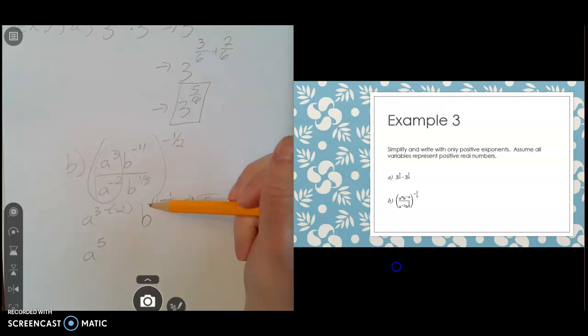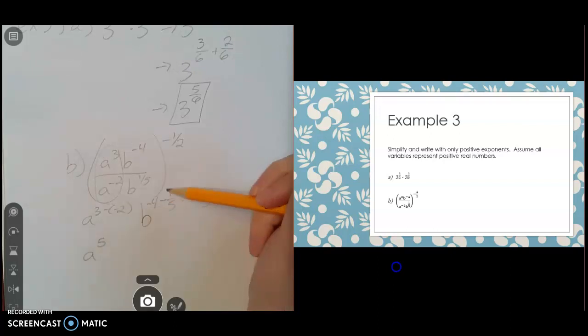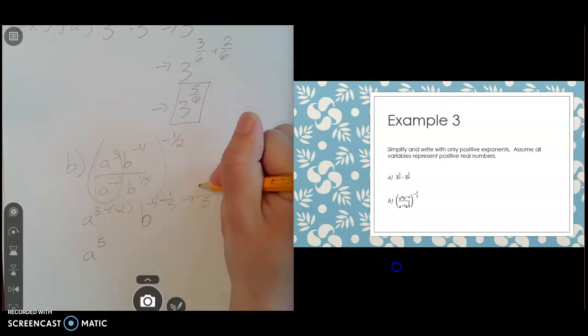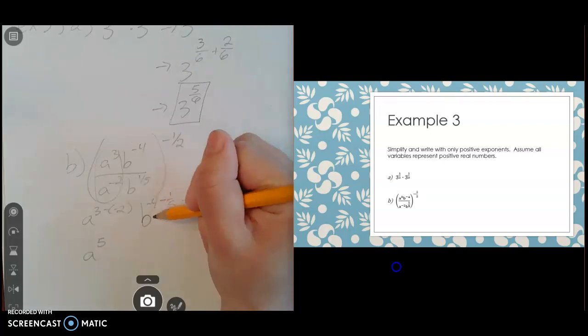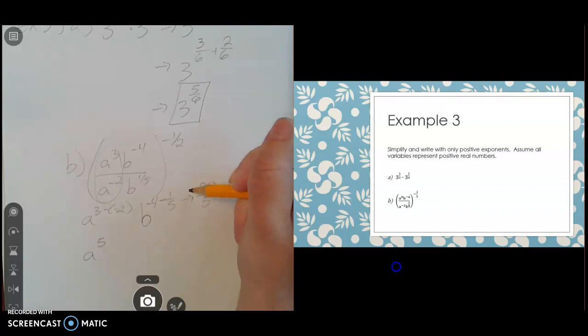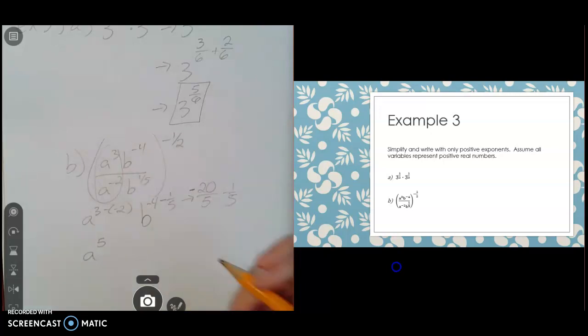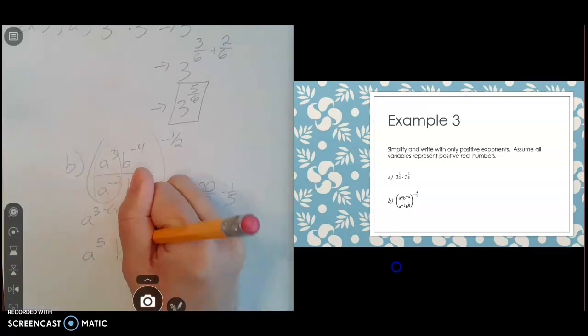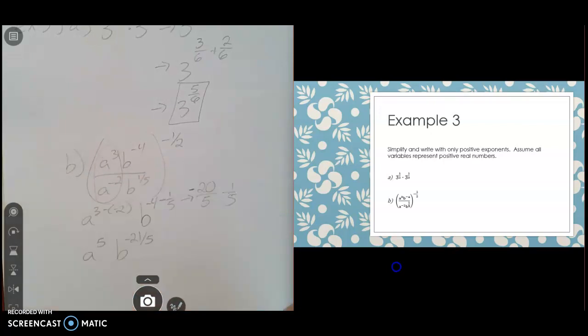So imagine you have 4 whole pieces and we're dividing each pizza into 5 fifths. So we would have 20 slices, wouldn't we? Because multiplying by 5 over 5 gives us 20 over 5. It is negative, and then we are subtracting 1/5, okay? So negative 20 over 5 minus 1 over 5 would give me negative 21 over 5, okay?